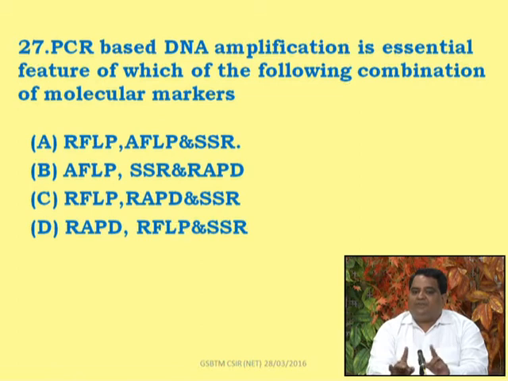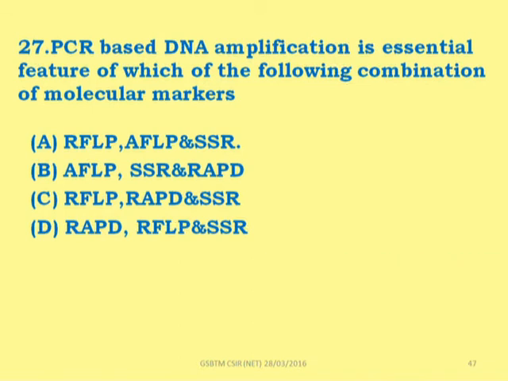For RFLP, PCR is not necessary. For AFLP, PCR can be used; SSR, PCR can be used; RAPD, PCR can be used. So the answer will be AFLP, SSR and RAPD. Here DNA amplification is essential. RFLP it is not necessary. So the answer will be B.